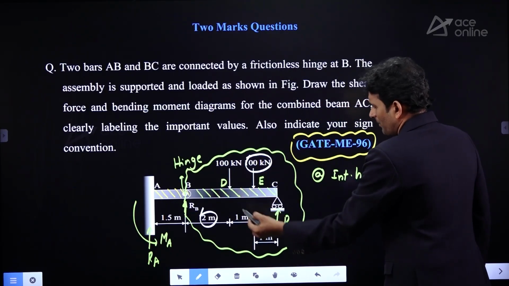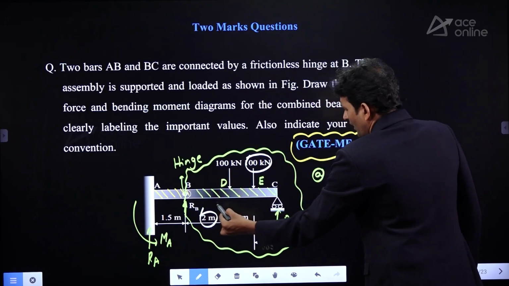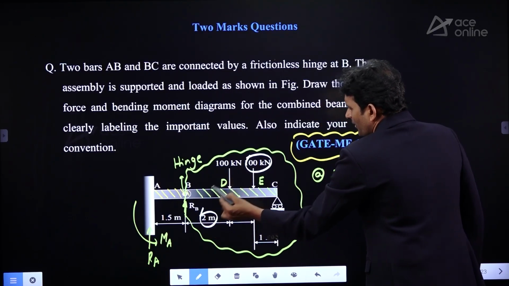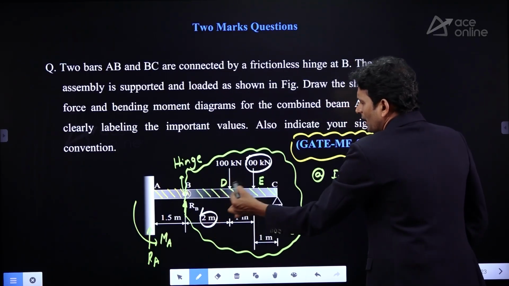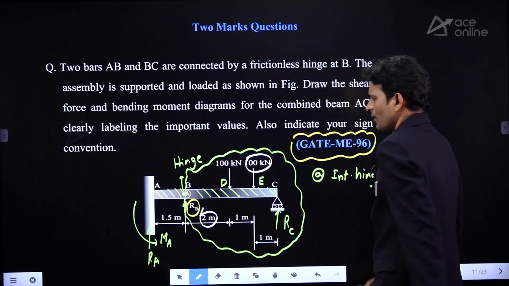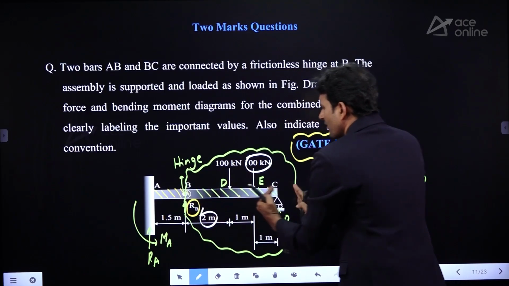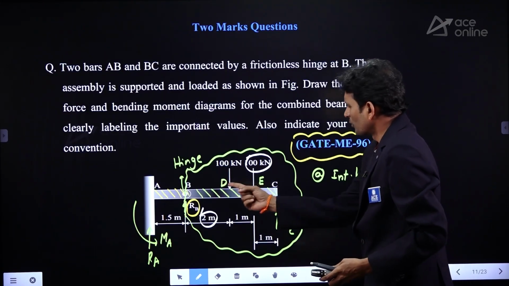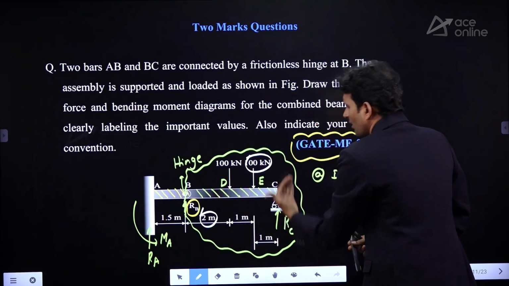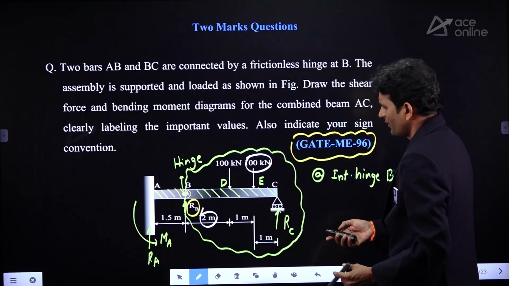Once I have RC, then try to find out RB also. RB plus RC equal to how much? 200, right? This is for the part BDE. My requirement is RB. So, you can assume it is a simply supported beam. Here 2 point loads are there, acting in the downward direction. RB and RC are upward forces.